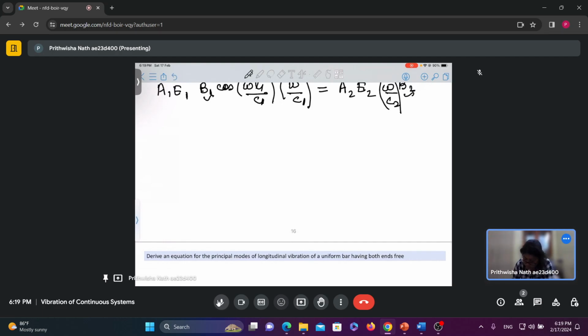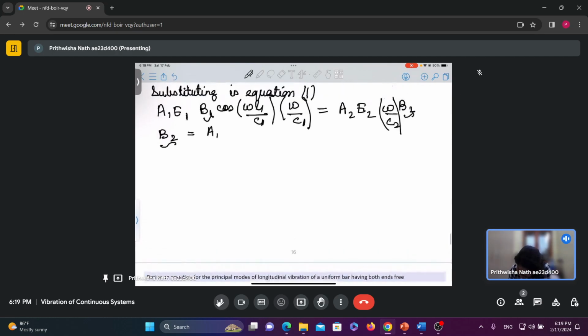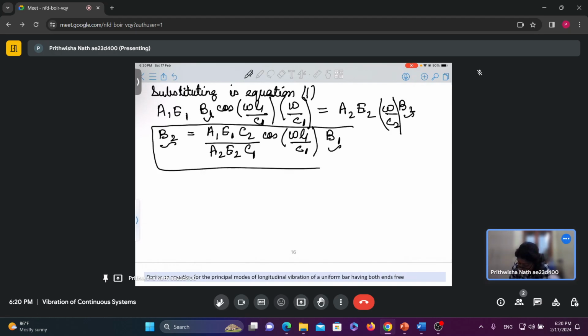So this becomes b2 equals A1 E1 c2 divided by A2 E2 c1, into cos(omega L1 / c1), into b1. So this is my b2 in terms of b1.